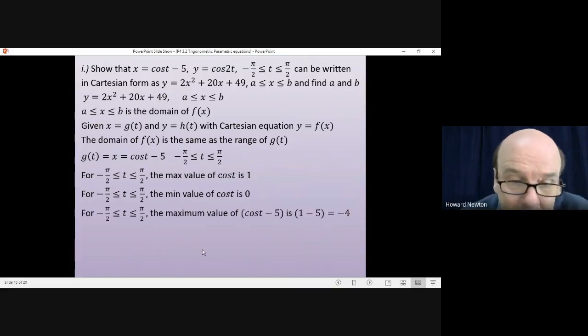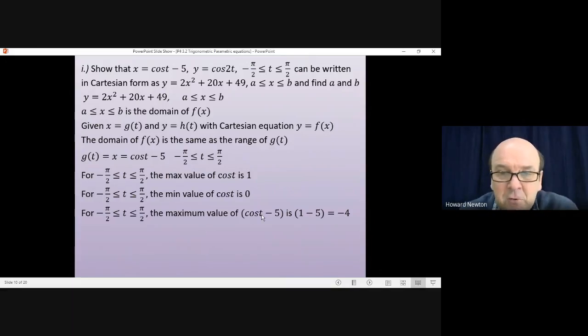That means that for minus pi by 2 up to pi by 2, the maximum value of cos t minus 5, which is what we actually wanted to find, since x is cos t minus 5, we put in the maximum value of cos t, which is 1, take away 5, and that gives us minus 4.